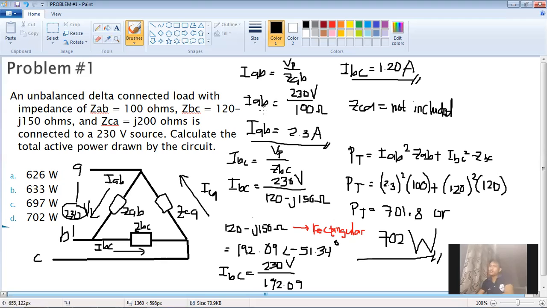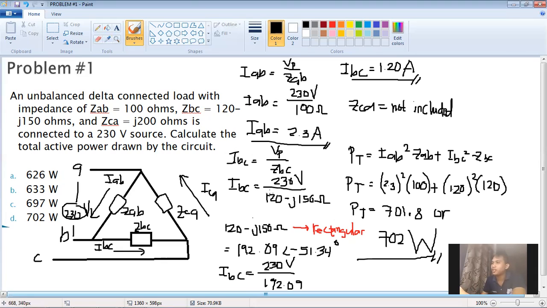Since we have IAB, we will also get IBC. IBC is VP over ZBC, the same 230 volts over 120 minus j150 ohms.